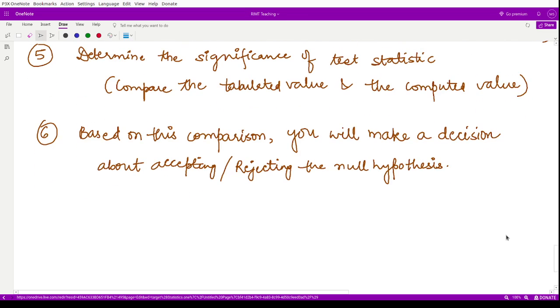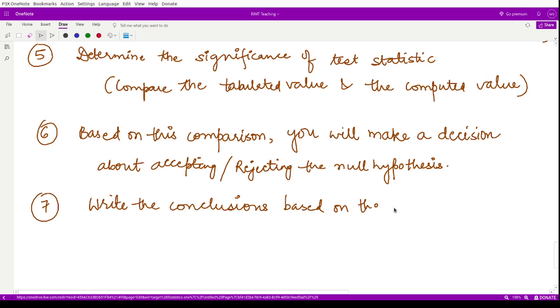Right, and then you will write your conclusions. Finally, you will write the conclusions based on the above procedure. Right, so this is the procedure that we have with us.